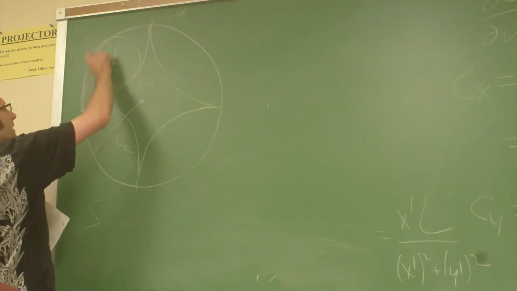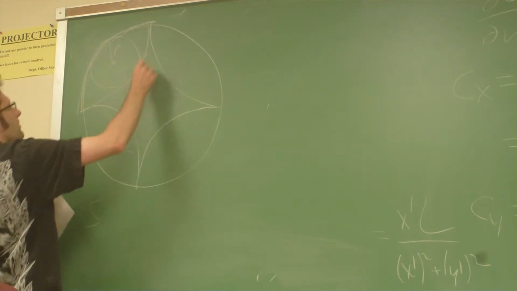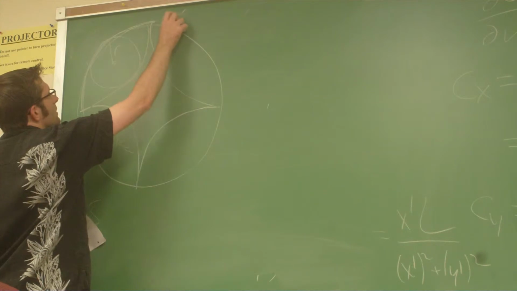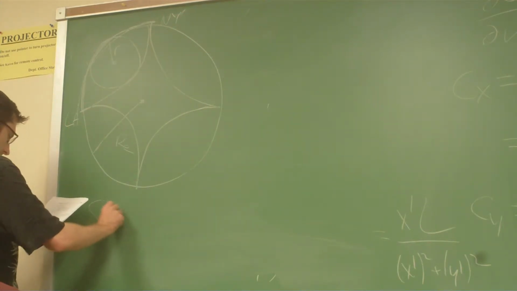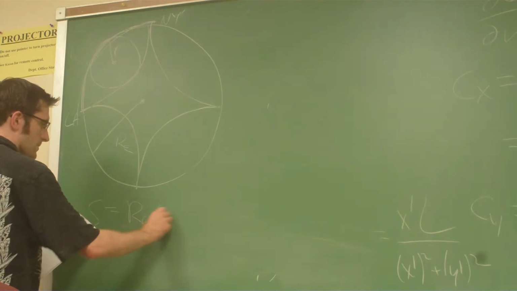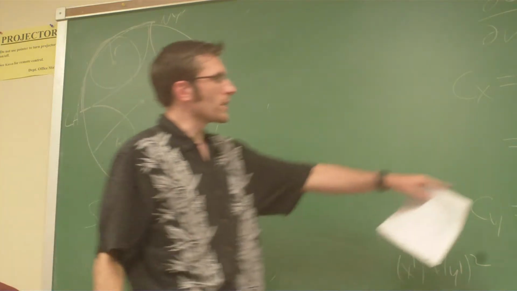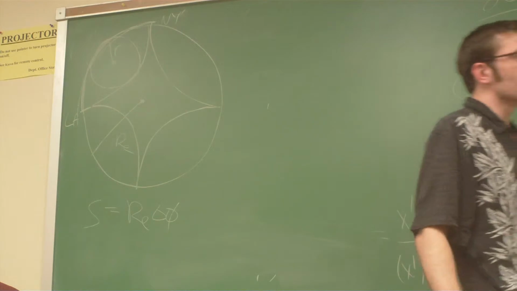Here we have an arc length from, for example, LA to New York, 4,800 kilometers. We say that the arc length is the radius of the Earth times delta phi, because this is constant.